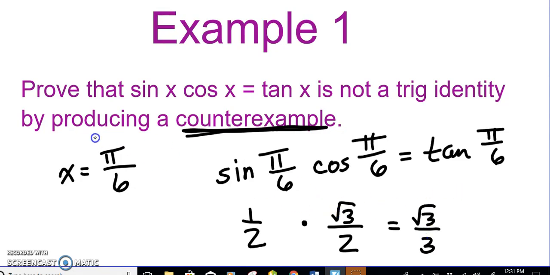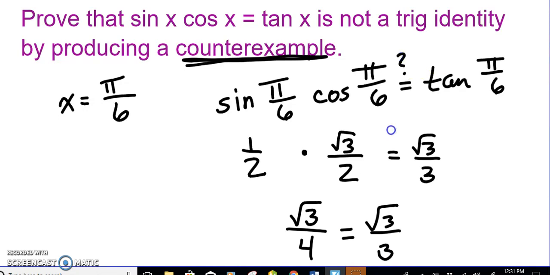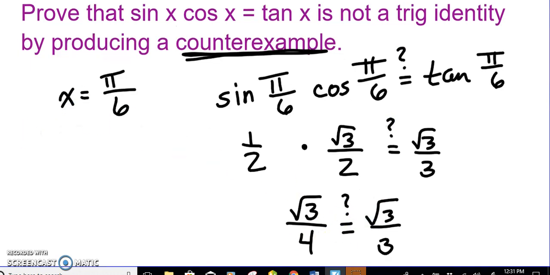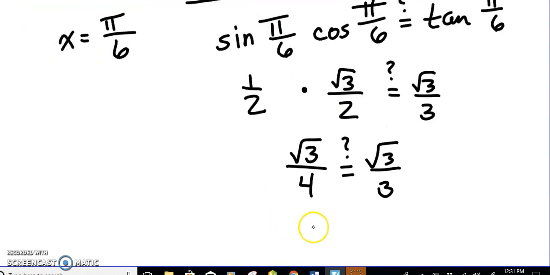Okay, so if we multiply this out, straight across, 1 times square root of 3 is just square root of 3, and then 2 times 2 is 4. Does that equal square root of 3 over 3? We put a question mark there because we haven't verified yet whether it's right or wrong.